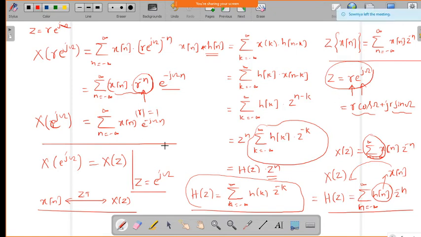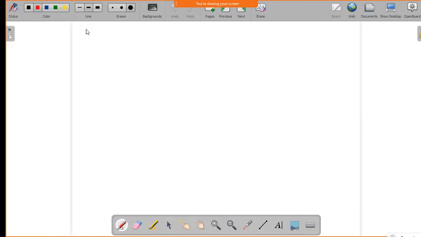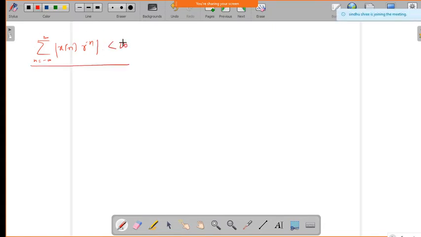That means whatever summation you get, n equal to minus infinity to plus infinity x of n into r power minus n, if you take the magnitude, it should be absolutely summable and less than infinity. Then only the z transform exists, and the region where the z transform exists for this absolute value is called the region of convergence. That means where the value converges, that is called the region of convergence.